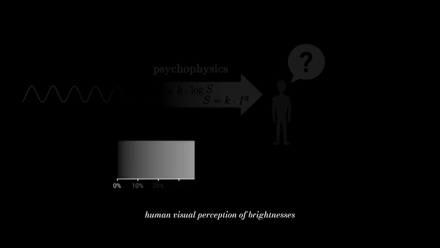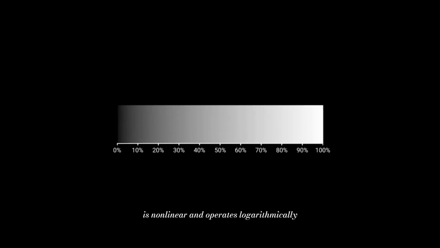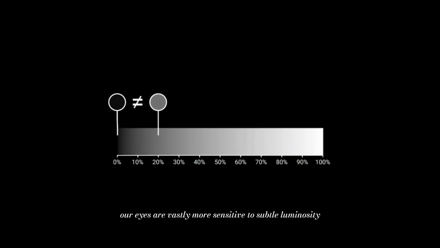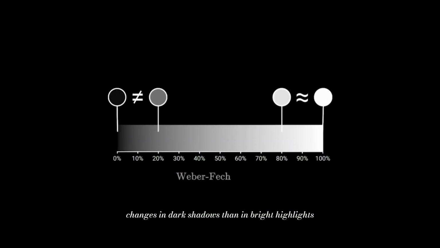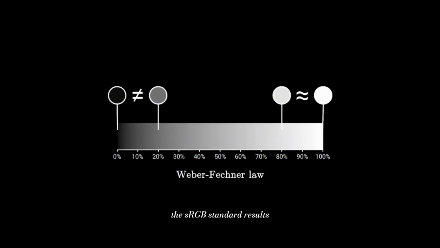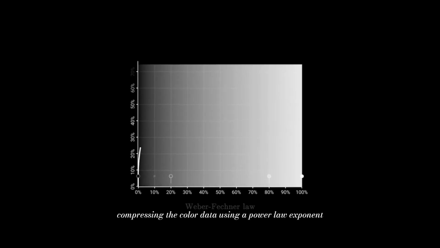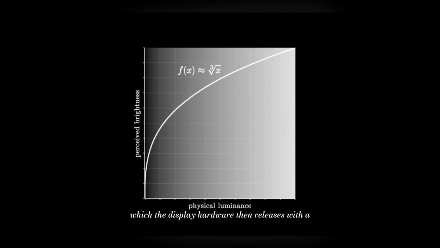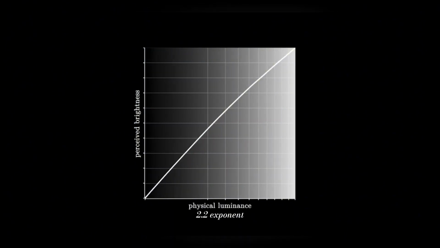Human visual perception of brightness is nonlinear and operates logarithmically. Our eyes are vastly more sensitive to subtle luminance changes in dark shadows than in bright highlights. The sRGB standard resolves this by compressing the color data using a power law exponent of roughly 0.45 during encoding, which the display hardware then expands with a 2.2 exponent.